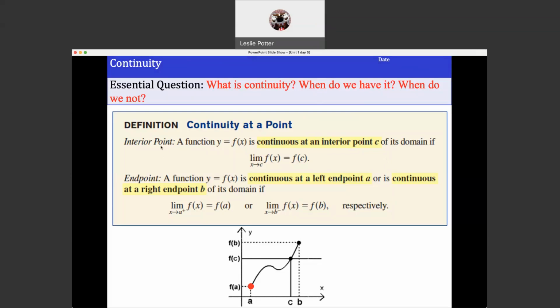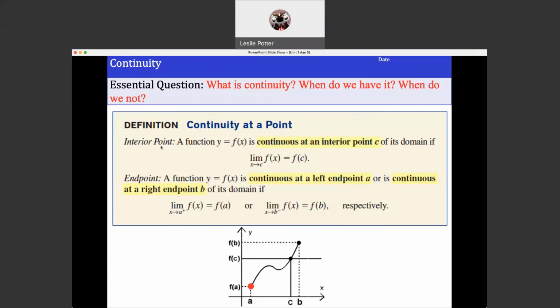So for the interior points, a function y equals f of x is continuous at an interior point of its domain if wherever we want to pick, our limit and our function value are the same. Does that make sense? So in other words, if we go back to our function we had on the first day, if I look at this part of the domain, every limit and every function value are the same.